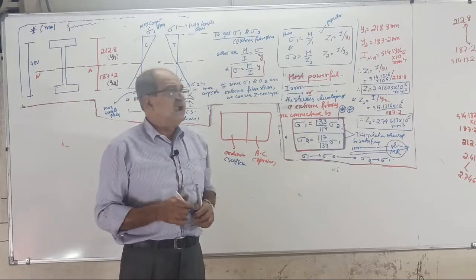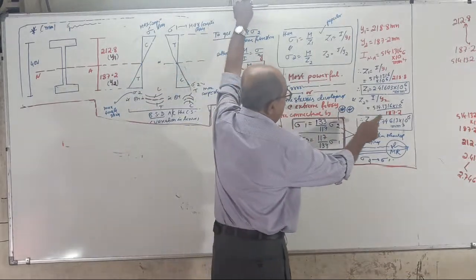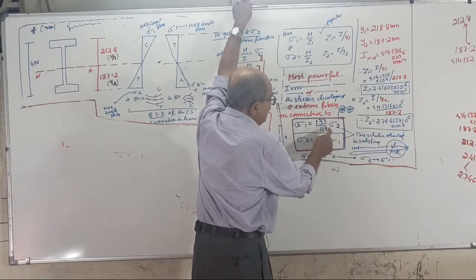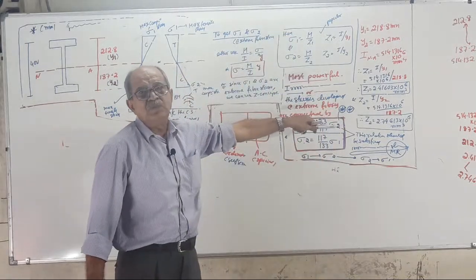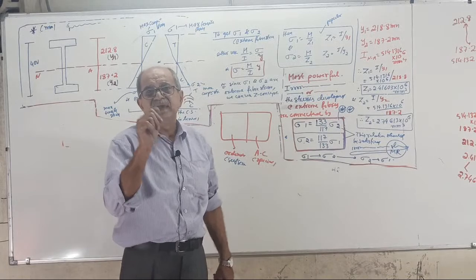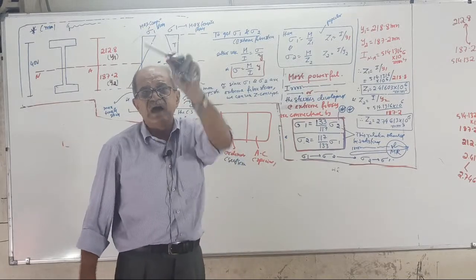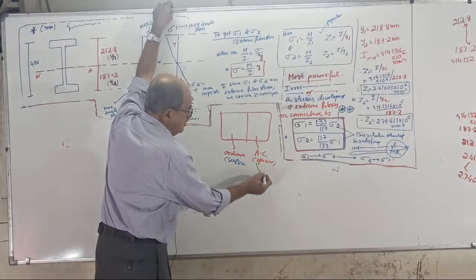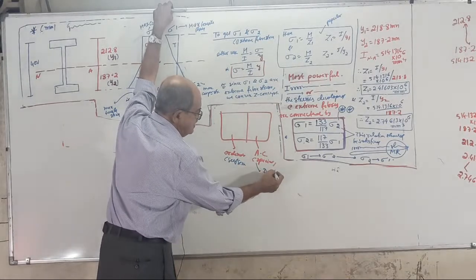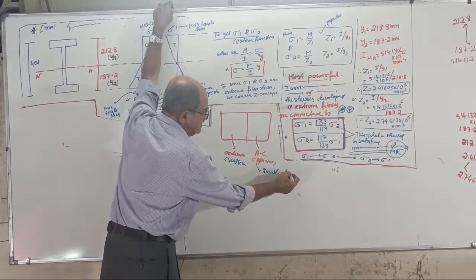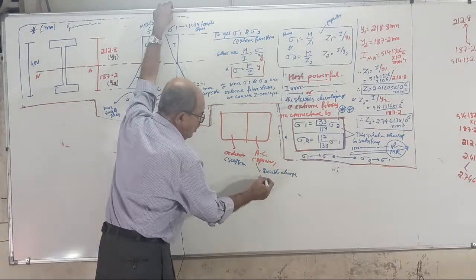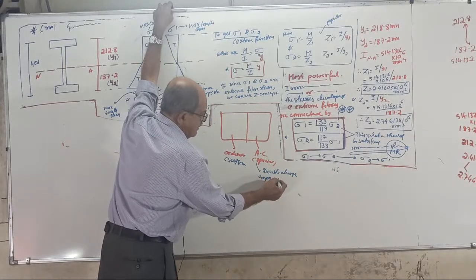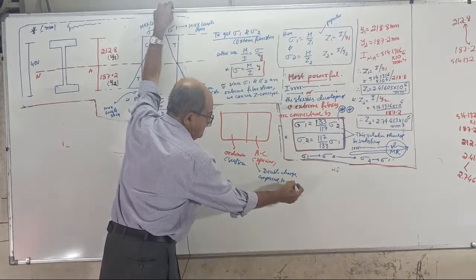Just to understand, the ratio here is 133 by 117. That way I cannot put it. To understand practically so that you give the correct answer, I will just imagine a double charge for the AC room compared to ordinary.